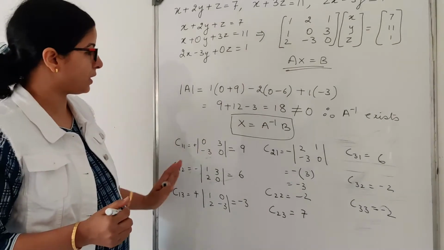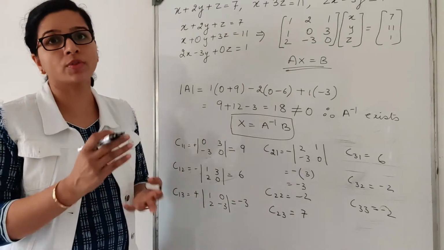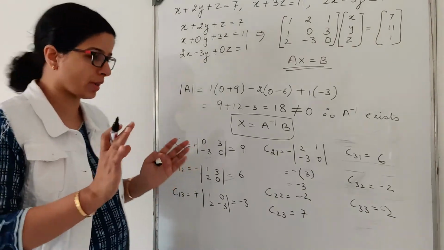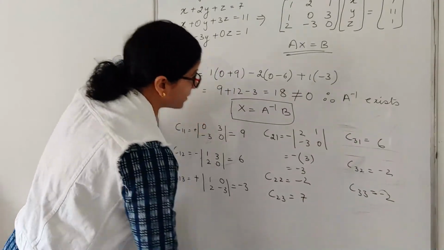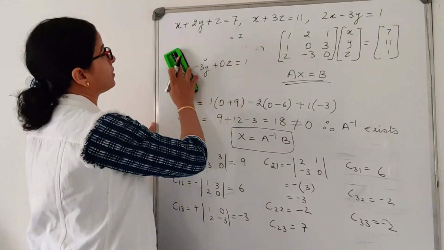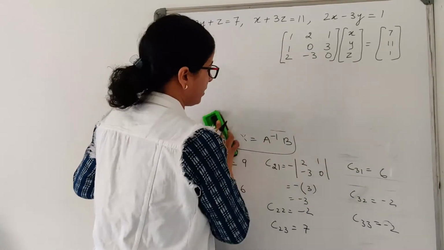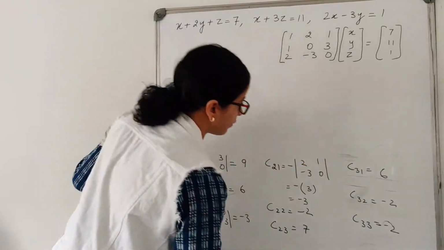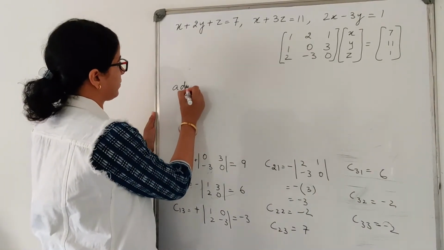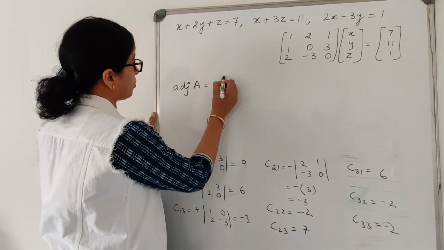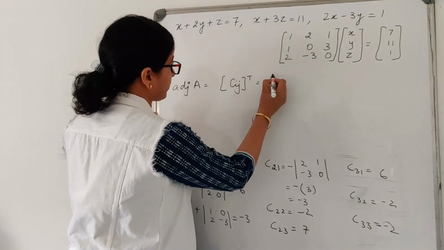So now from these cofactors, I'll frame the cofactor matrix and I'll take the transpose of the cofactor matrix and I'll get my adjoint. Okay. So now I will erase this part and this part. Now I will form my cofactor matrix. So adjoint A equals Cij transpose.